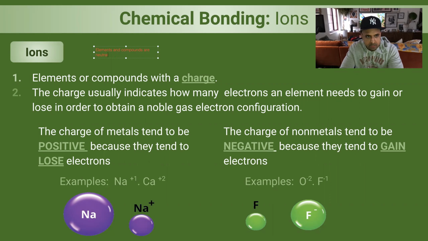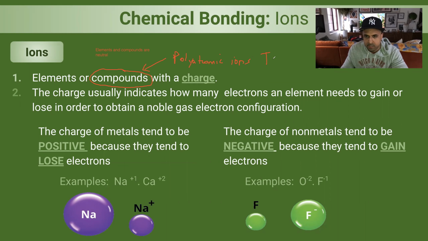If you forgot or need a refresher, if you have a charge, you are now an ion. One thing you should know is that compounds with a charge are called polyatomic ions. If you see two or more capital letters combined in a fixed ratio with a charge, that's known as a polyatomic ion, and those can be found on Table E of the reference table.